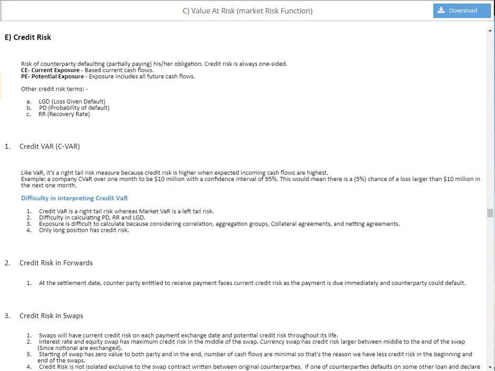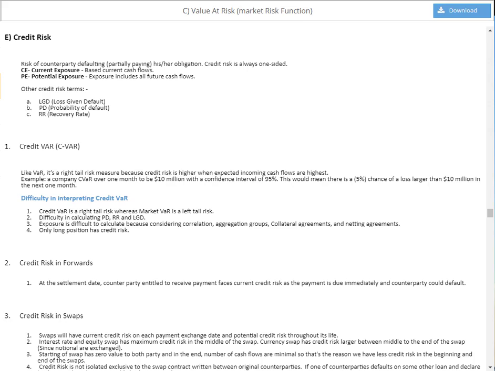Difficulty interpreting credit VaR, because credit VaR is a right tail risk, whereas market VaR is a left tail risk. We talked about it. Calculating credit VaR is also difficult because its constituents, or risk factors, like PD, recovery rate, and LGD, are difficult to calculate.